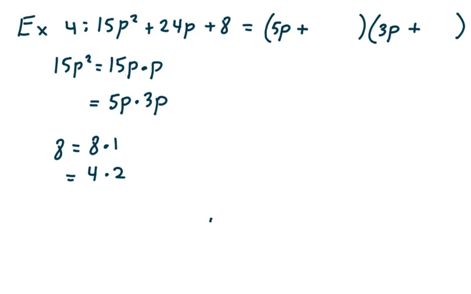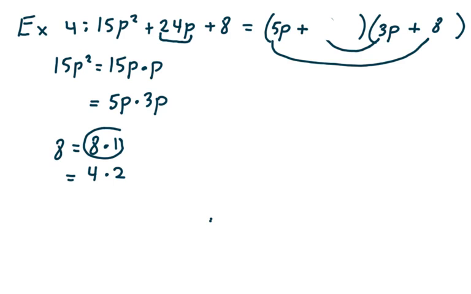Now, in my mind, if I were to look at 8 times 1, if I put an 8 here, and I'm trying to give you guys insight into how I'm thinking, isn't 8 times 3 24? And so the problem is I'm already at 24p, and so I'm too big. Even if I put the 8 over on the other side, 5 times 8 is 40.